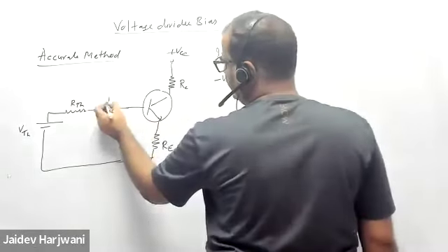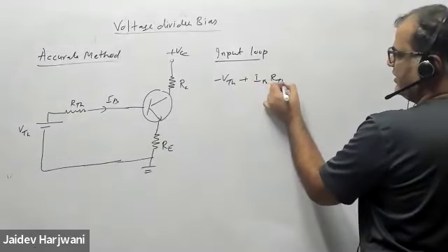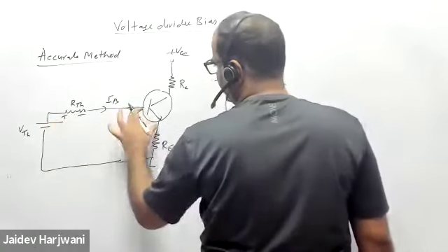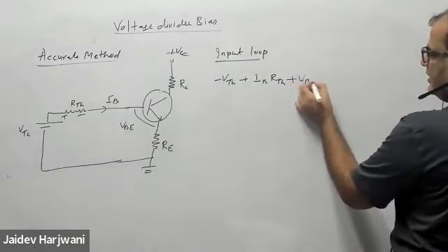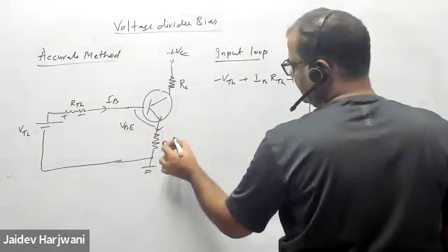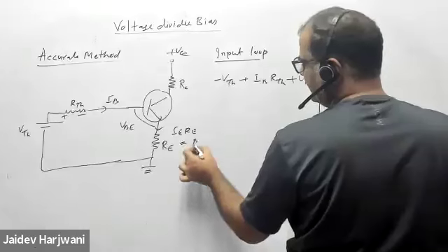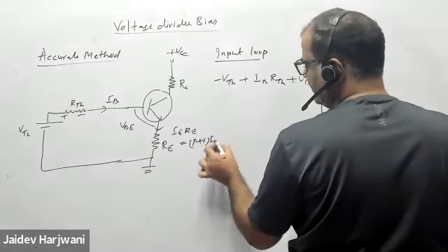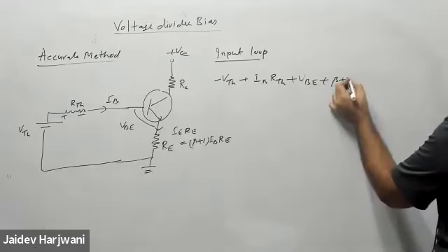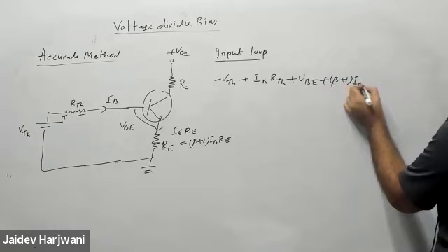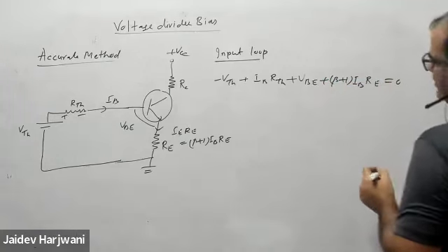Okay, and here you have IB plus IB into R Thevenin, voltage drop here, plus VB, and then you have again IE RE, which is equal to beta plus 1 IB RE, equals 0.